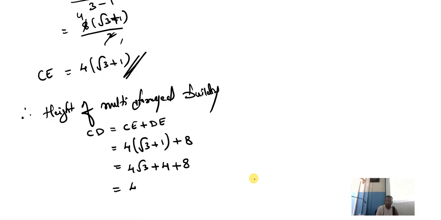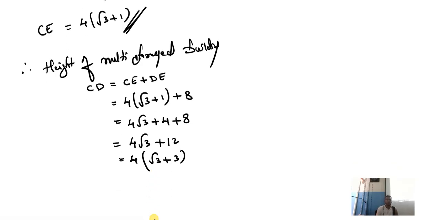So 4 root 3 I kept as it is, plus 4 plus 8 is 12. Now I am going to take 4 as common. If you take 4 as common, root 3 plus 4 into 3 is 12. So CD is equals to 4 into root 3 plus 3 meters. This is the height of the building.